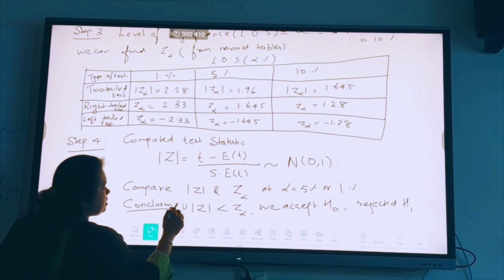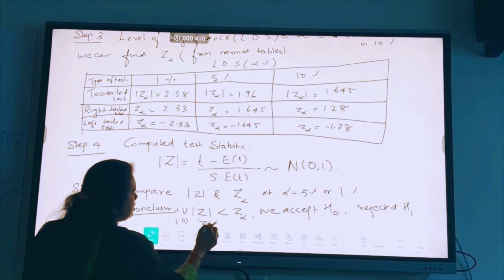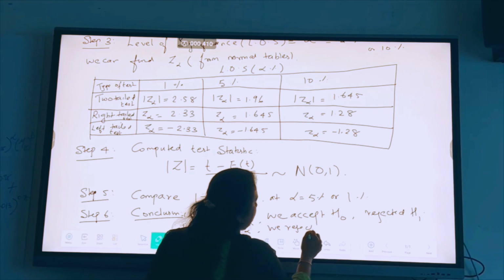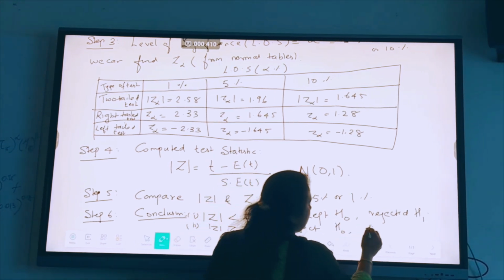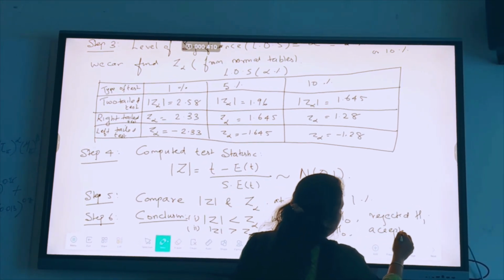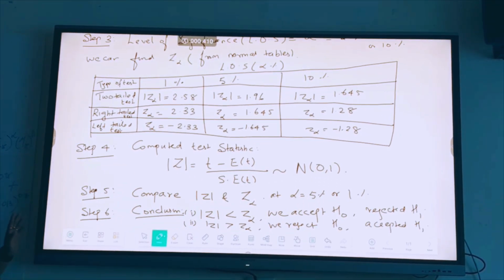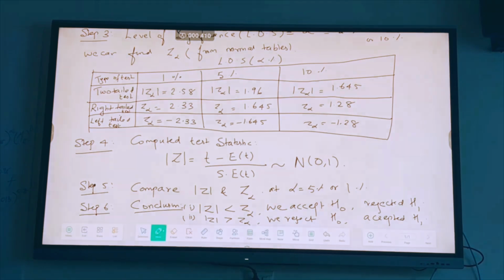When mod Z is greater than Z alpha, we reject the null hypothesis H naught and accept the alternative hypothesis H1. So this is the procedure for testing of hypothesis.